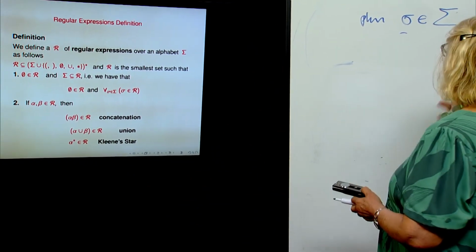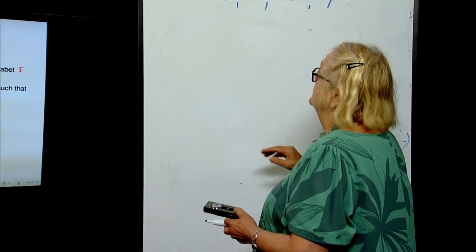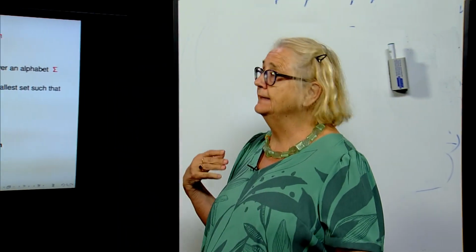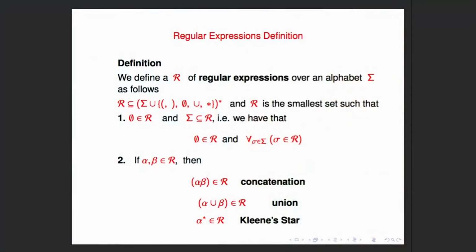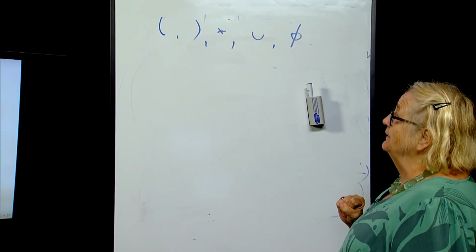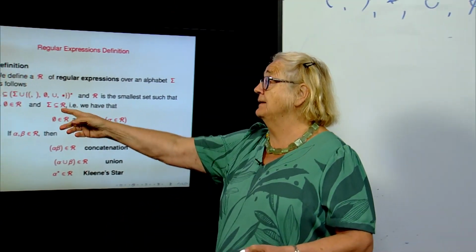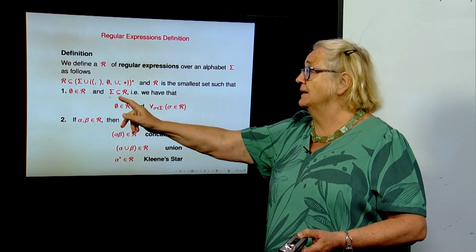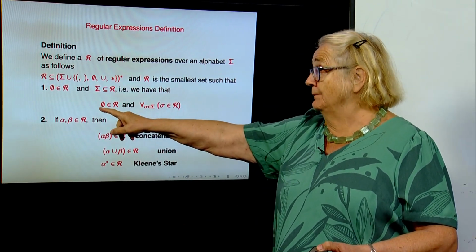So now we are going to define a regular language. We say that R is a regular expression, an expression which is a finite string over all our symbols, and is the smallest set such that empty is a regular expression, and every sigma in the alphabet is a regular expression.